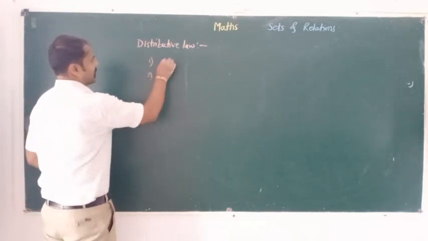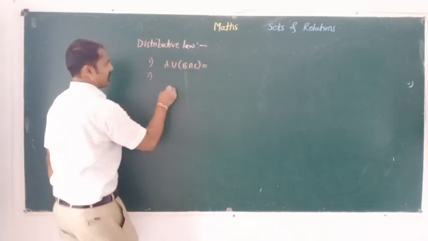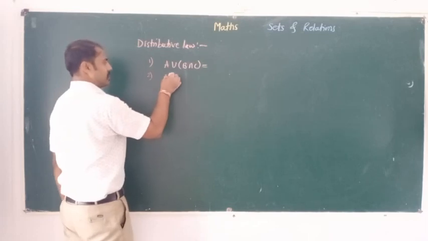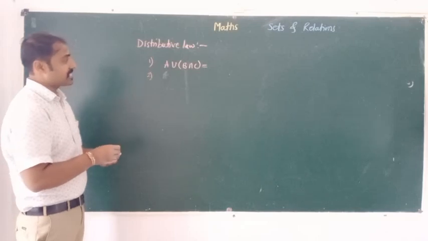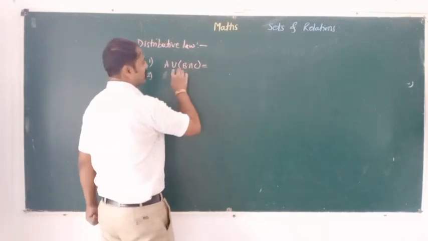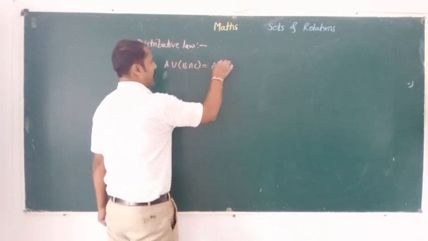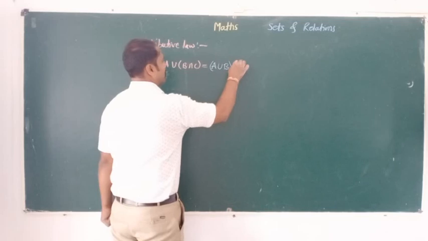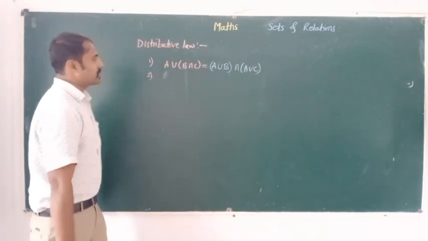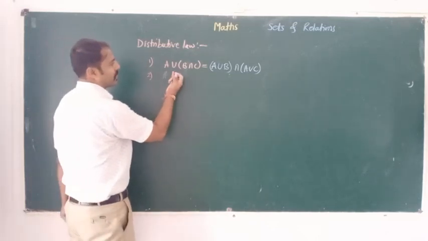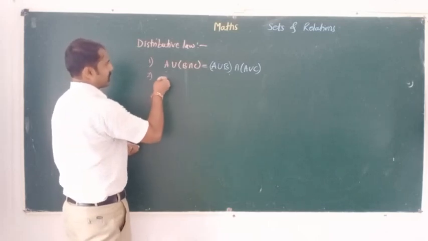A union B intersection C is equal to, union is distributed over intersection, and it becomes A union B intersection with A union C. After interchanging union by intersection and intersection by union, we write the second distributive law.